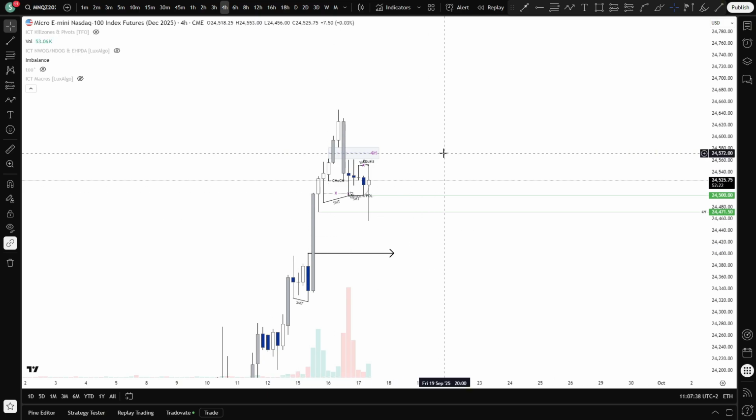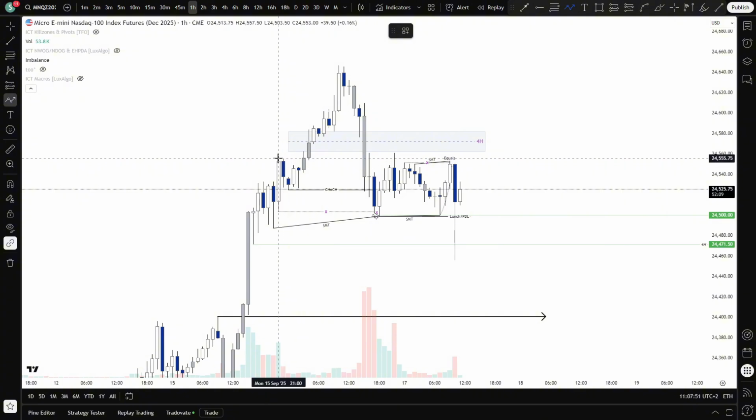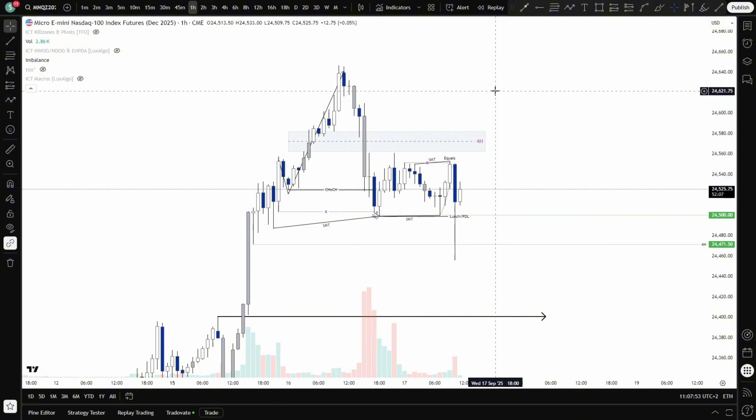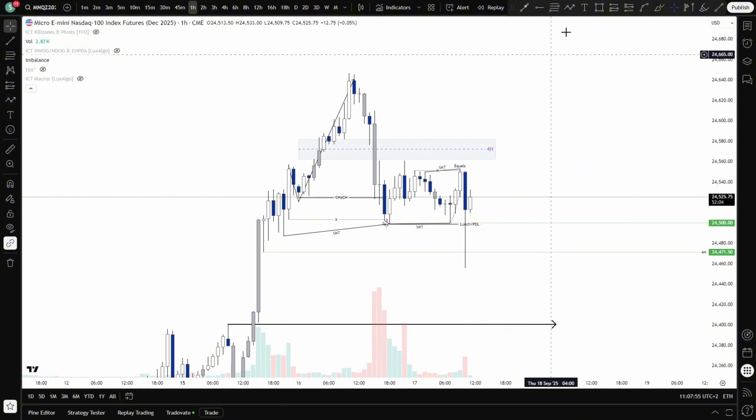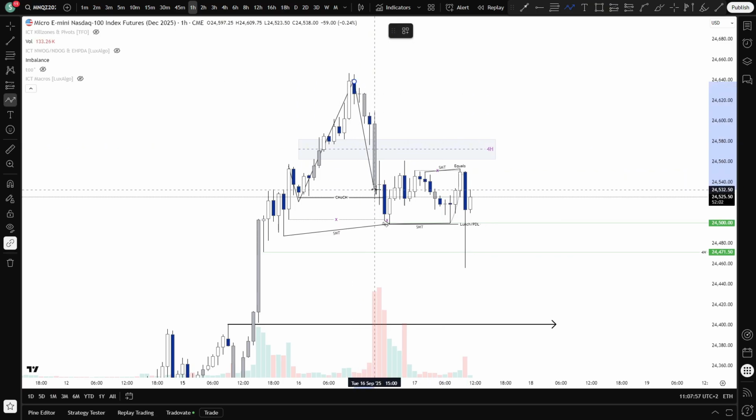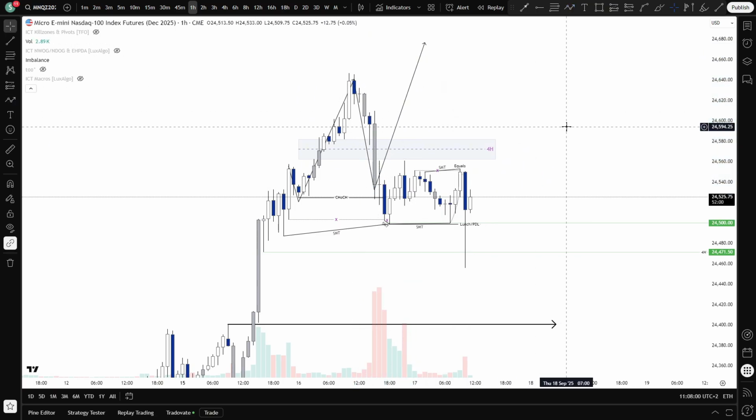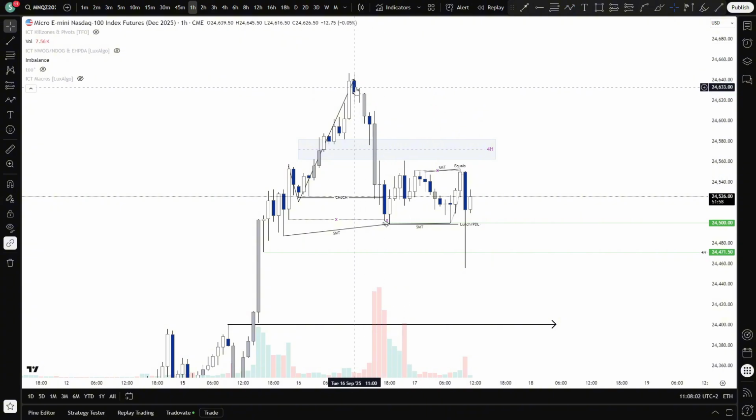Before we look at the 4 hour, I want to look at the 1 hour first. On the 1 hour, we had this pullback that brought us towards all-time highs. On the 1 hour, you want to hold this low to continue your bullish price action on your time frame. What happened yesterday?